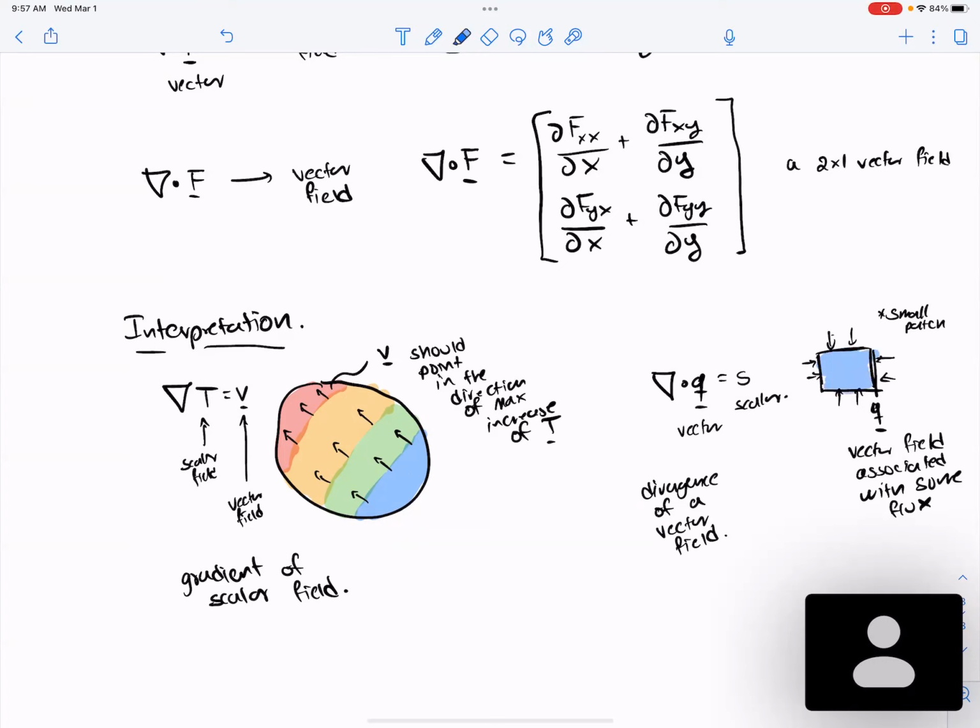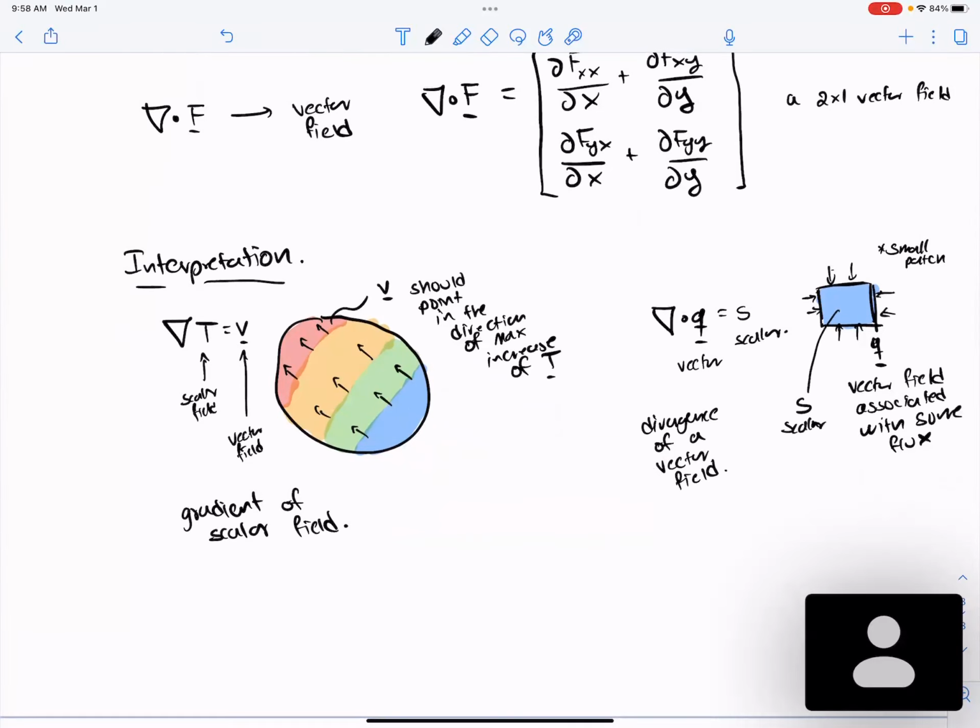Imagine that you repeat this for every patch. That S is basically the amount of stuff that I either gain or lose in that little patch.